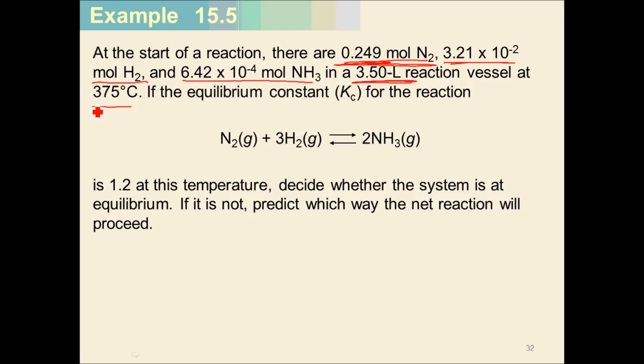If the equilibrium constant Kc for this reaction is 1.2 at this temperature, decide whether the system is at equilibrium, and if not, predict which way the net reaction will proceed. So again, this is our balanced equation. Are we going to favor our reactants? Are we going to favor our products? Or is it just going to be all at equilibrium?